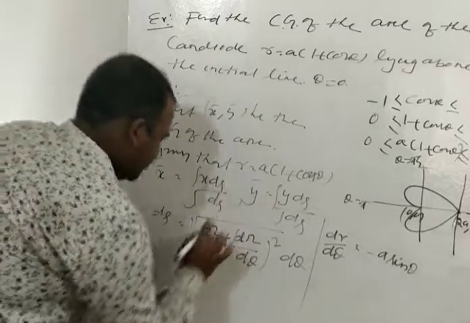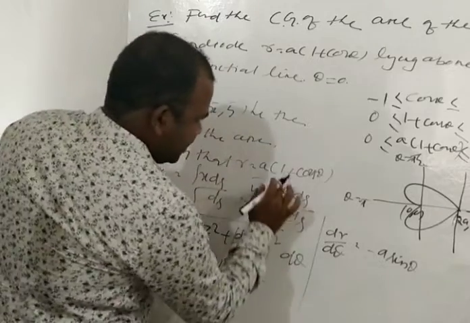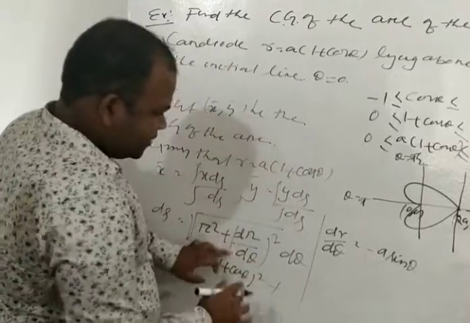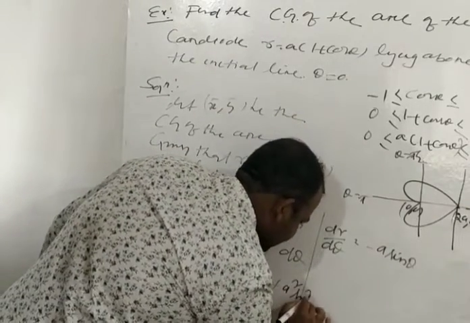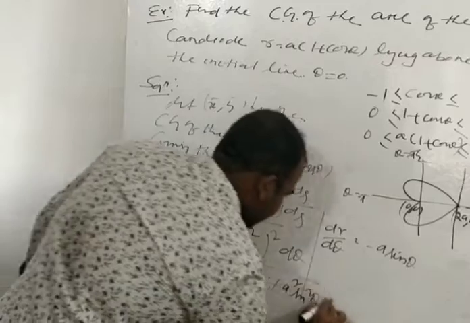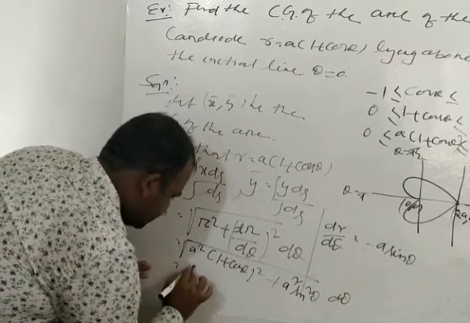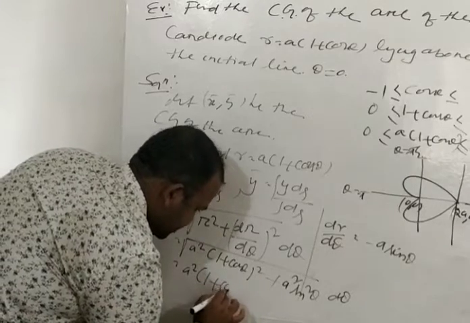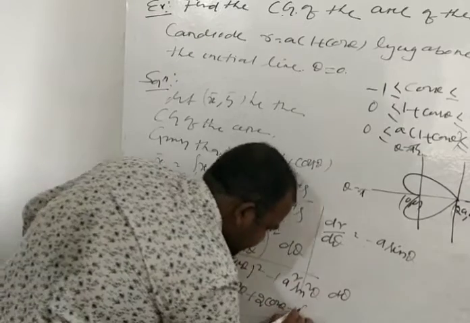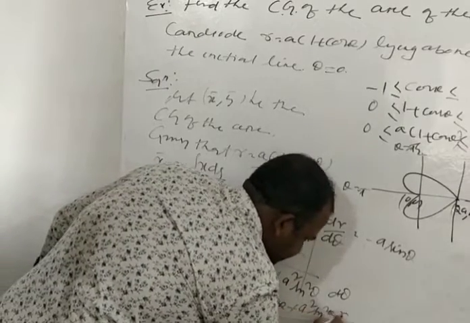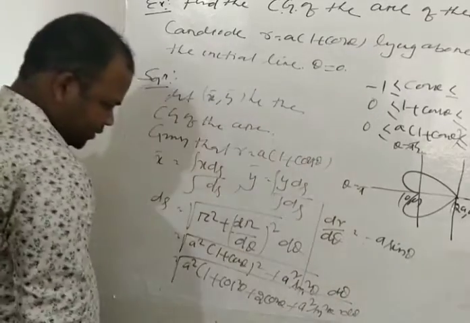So r square is a square (1 plus cos theta) whole square, plus (dr by d theta) whole square, that is a square sin square theta, into d theta. This is (a plus b) whole square, so this is the square root of a square (1 plus 2 cos theta plus cos square theta) plus a square sin square theta, into d theta.